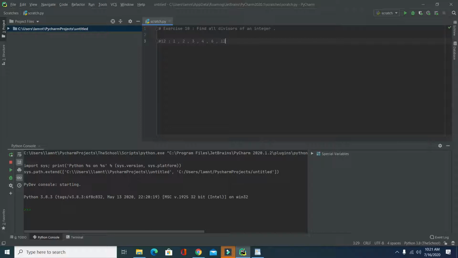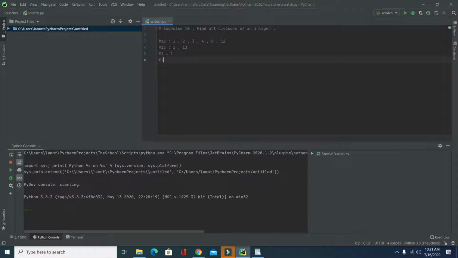So the divisors of 12 are 1, 2, 3, 4, 6, and 12. For example, a prime number like 13 only has 1 and 13, only two divisors.